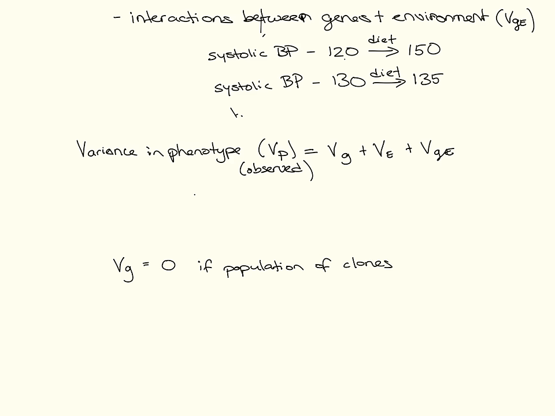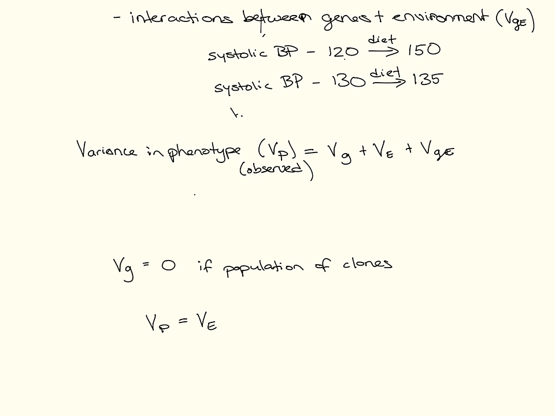And this can be done with research subjects such as yeast cells or mice or certain other model organisms, Drosophila, for example. And in this case, the phenotypic variance would just be equal to the environmental variance.